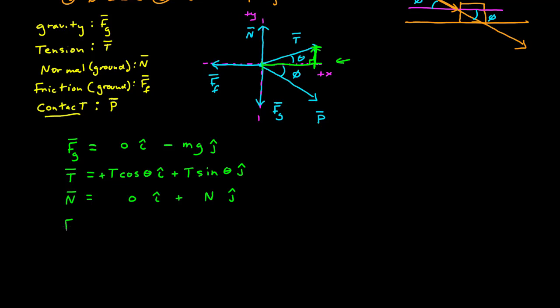Next is the friction in component form. So it has its entire magnitude lying along the x-axis. From the contact force model, the magnitude of the frictional force is the coefficient of friction times the normal force. So that's the magnitude of the x component, since it lies entirely along the x-axis.